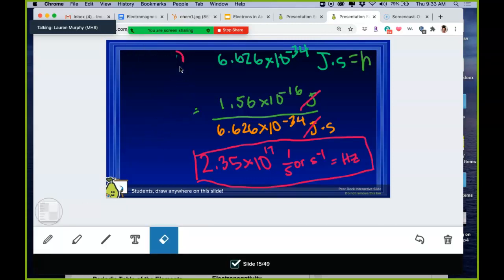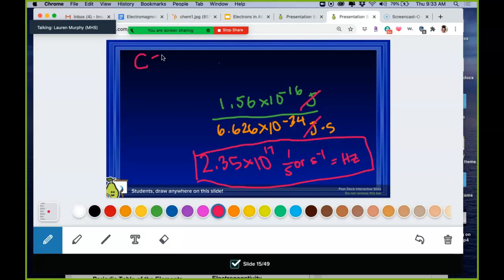What is it? C equals wavelength times frequency. So we use the E equation to get frequency, and now we can use the frequency to plug into here to solve for wavelength.